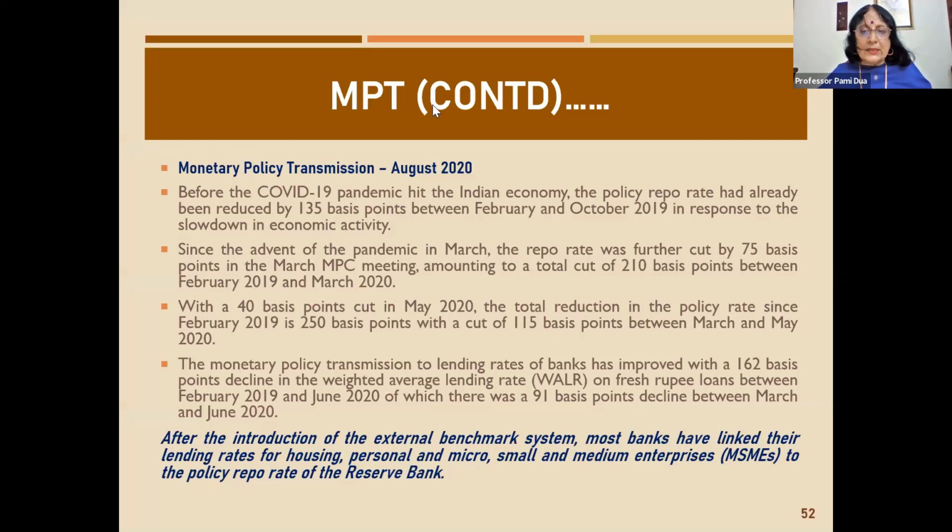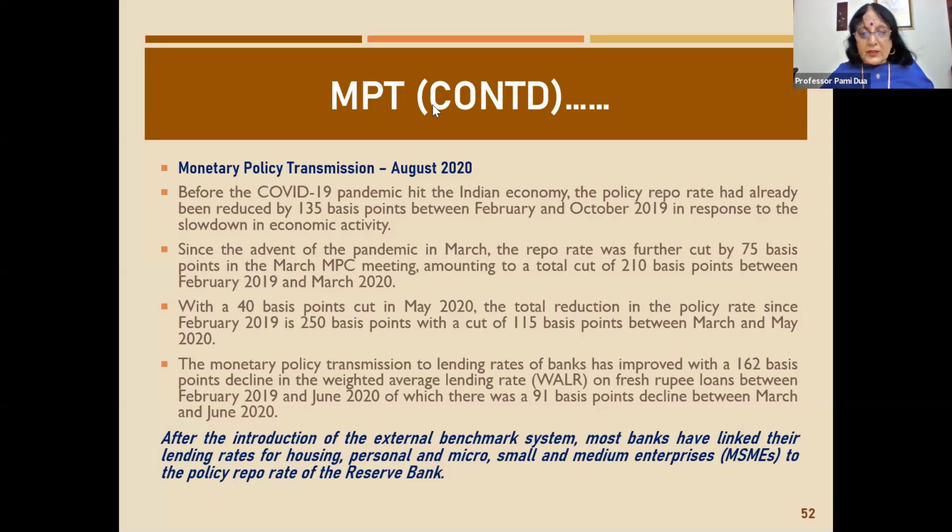And then what is the extent of transmission? It's not enough that we cut rates. So what I can tell you is that if we look at the weighted average lending rate on fresh rupee loans, there was a decline of 91 basis points in this rate between March and June 2020. So in this pandemic period itself, it has been very responsive to the change in the policy rate.